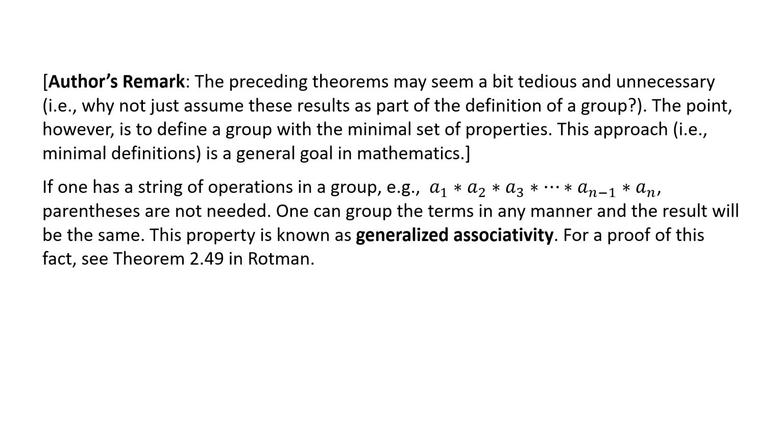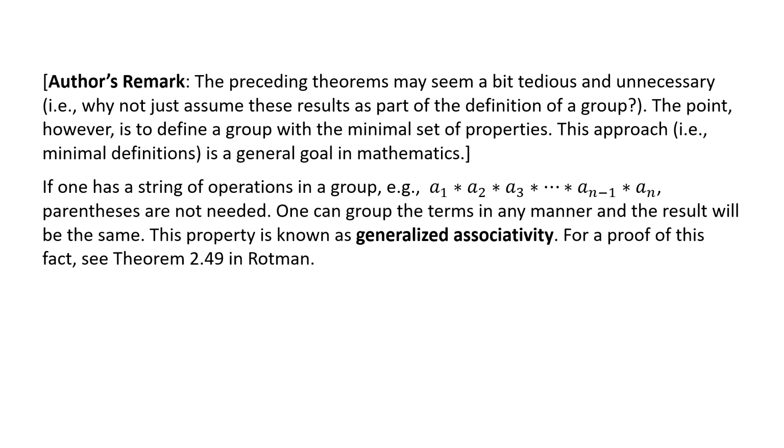I have a couple of unrelated topics here on this slide. The first one is a remark. You may be wondering why we didn't just take as part of the definition of a group some of the things we've proven in the last few slides. And the idea in general, not for group theory, but in general, is to have as few axioms and assumptions and definitions as possible, and then prove your results from that very minimum set of axioms.